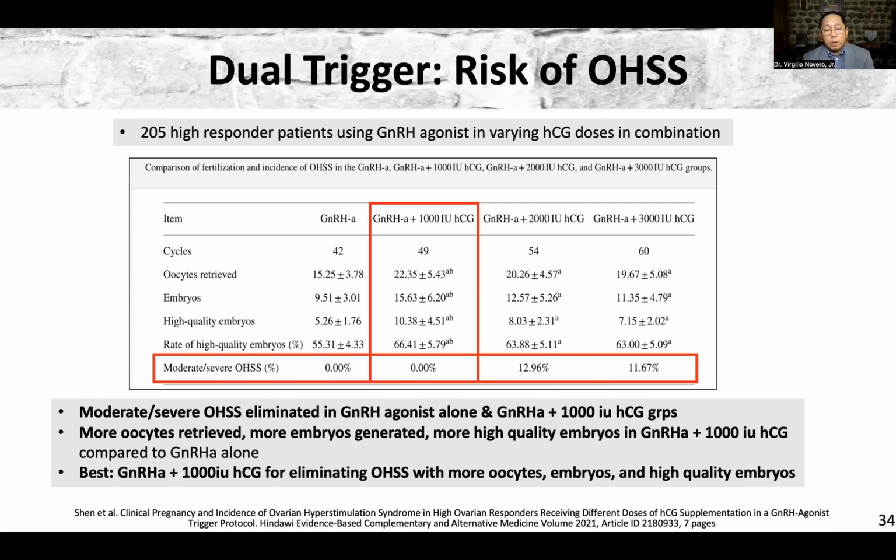Also, there were more oocytes retrieved, more embryos generated, and more high-quality embryos generated in the GnRH agonist plus 1,000 IU HCG compared to the GnRH agonist alone. So they concluded that the best group would be your GnRH agonist plus 1,000 IU HCG to eliminate OHSS and yet have better oocytes, embryos, and high-quality embryos.